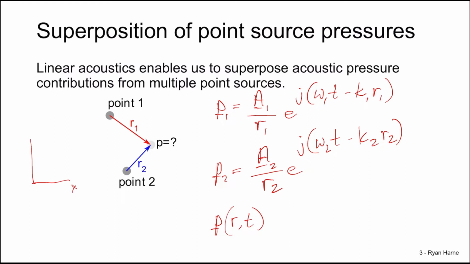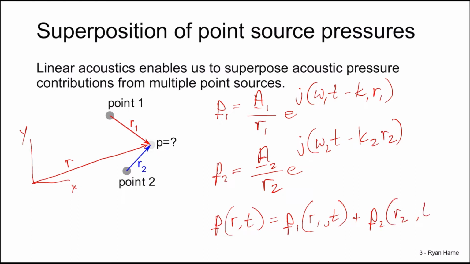So let's use X and Y as our coordinate system, and the R travels from the origin to that field point. The acoustic pressure there is then P1, which is a function of R1 and T, plus P2, which is a function of its R2 and T.